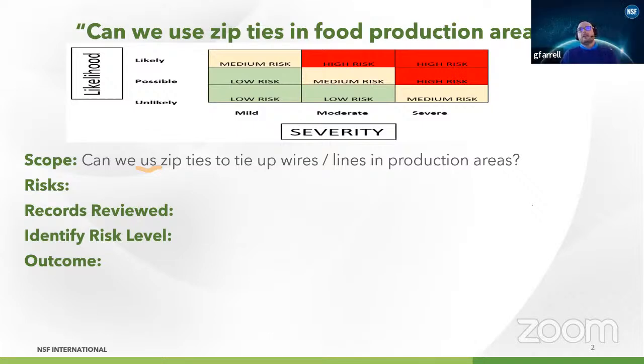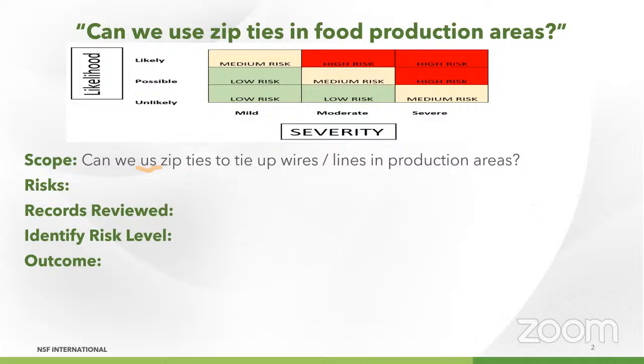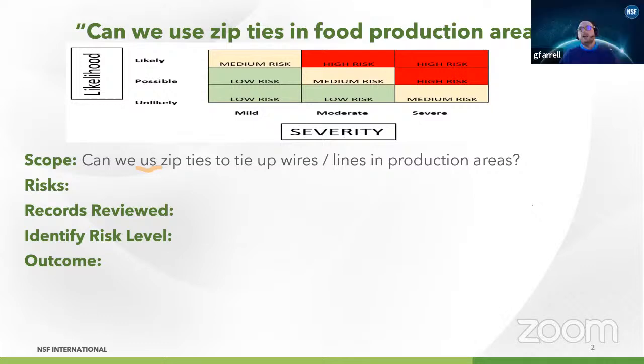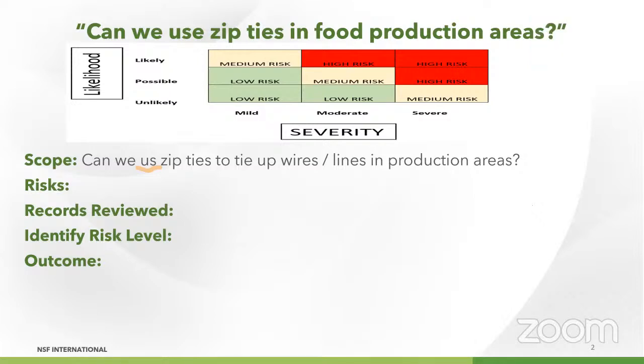So choking hazard. Yeah. If it's a choking hazard, then it becomes a moderate or a medium. I would say moderate. High. Okay. It depends. If it's a child, it could be high. Right. Okay.